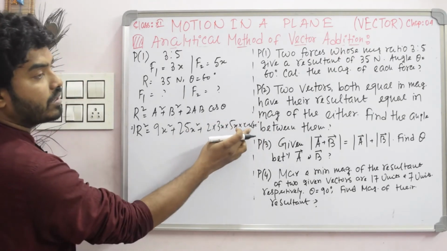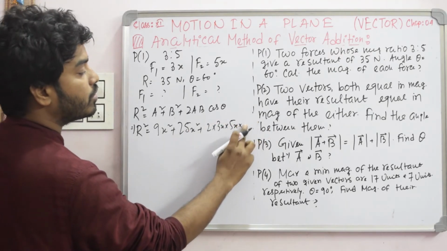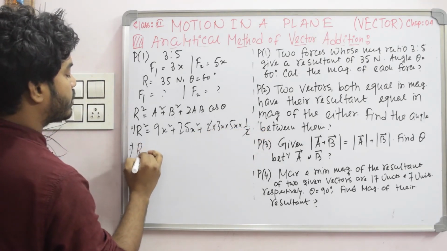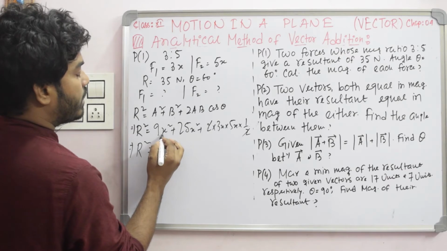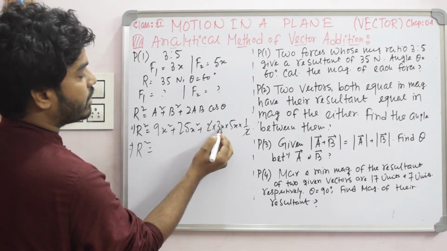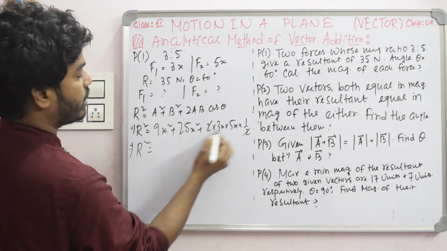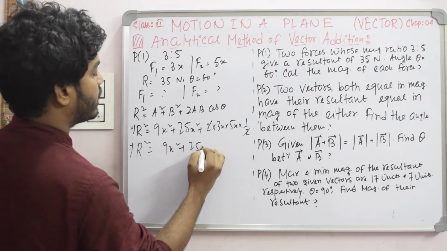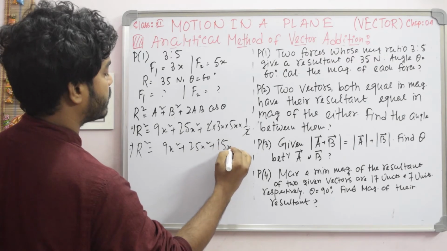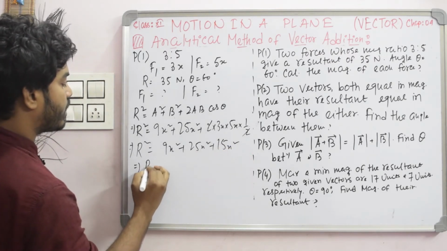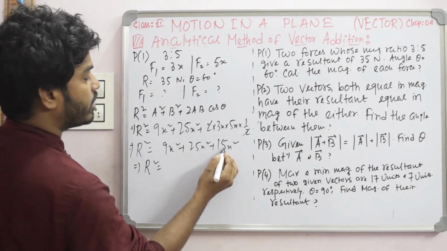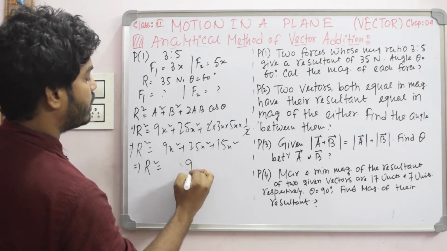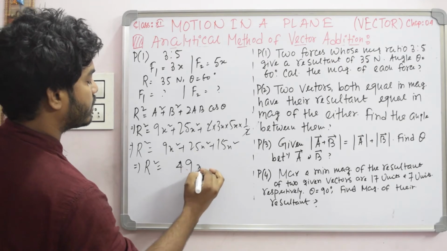The value of cos 60 is half, so the half cancels out. So R square is equal to 9x square plus 25x square plus 15x square. So this gives R square is equal to 49x square.